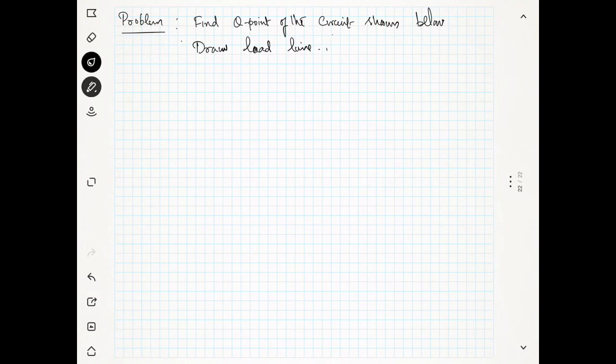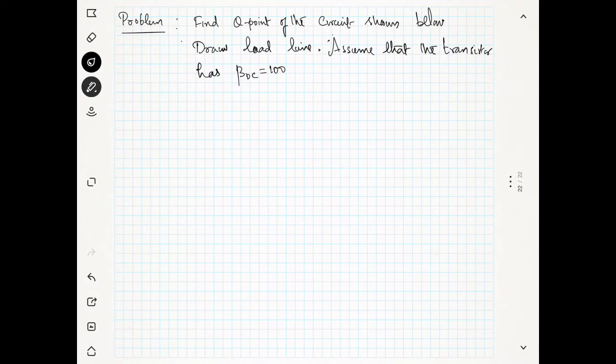Assume that the transistor has beta DC equal to 100.